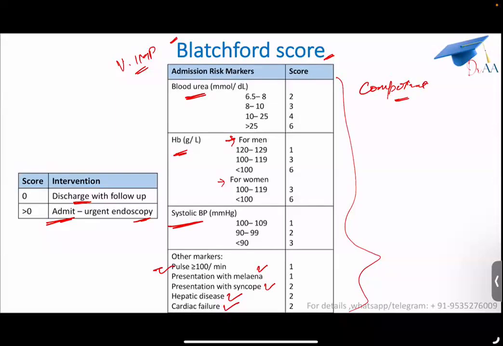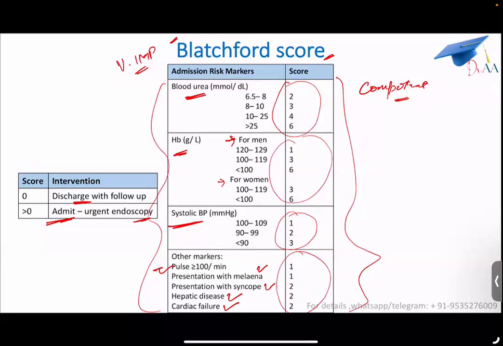It's not important to remember the score because the scoring is difficult. The components you can easily remember. They'll just test you on the components, not on the scoring. So remember urea, hemoglobin, systolic blood pressure, heart rate, presentation with melena or syncope, any liver disorders, and heart failure.